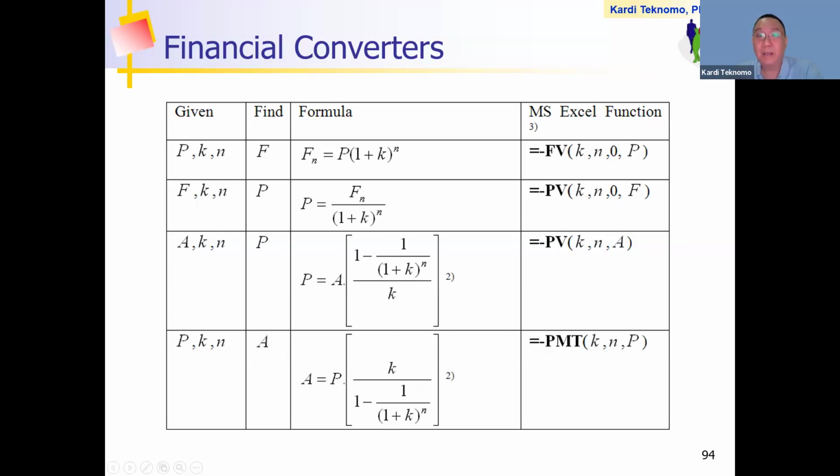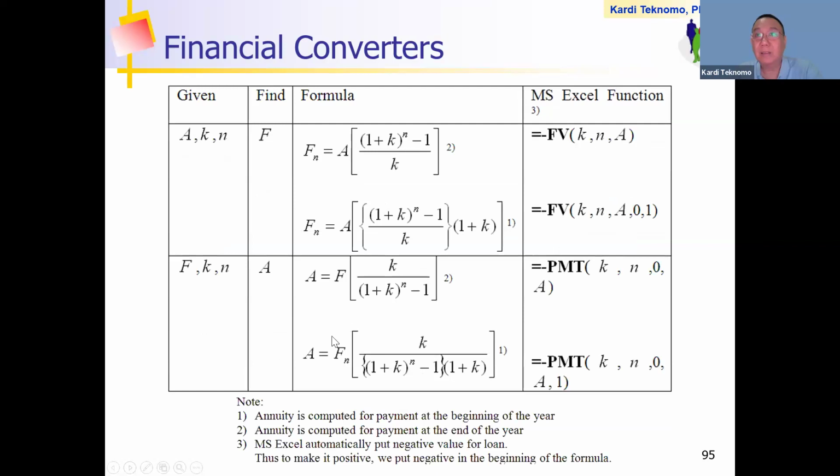And then next, you can get A from F. Again, this is the equivalent Excel function for this formula. What's the difference between 1 and 2 is noted here. It's just whether the payment is at the beginning of the year or at the end of the year.